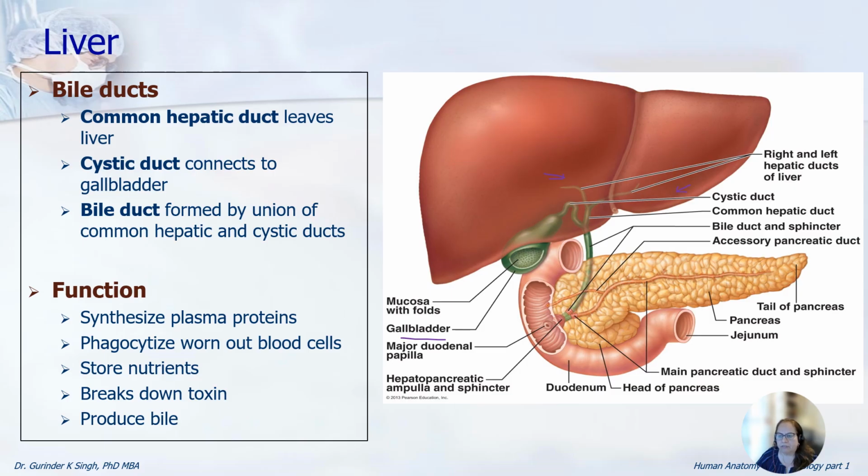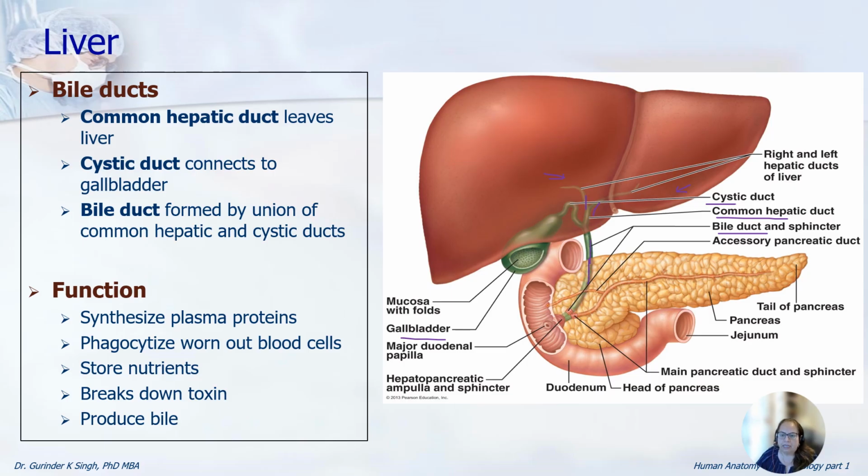These are known as the right and left hepatic ducts of the liver. They merge together to give you the common hepatic duct. Then there's a duct coming from the gallbladder, known as the cystic duct. They combine together to give you the bile duct.